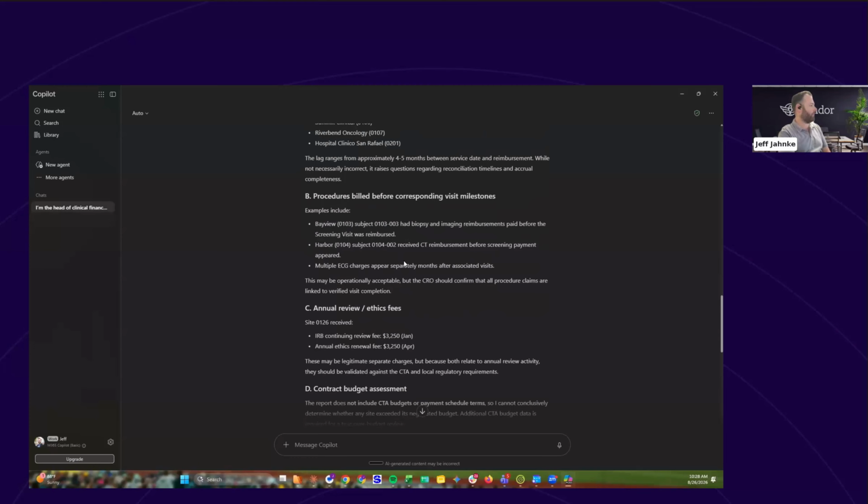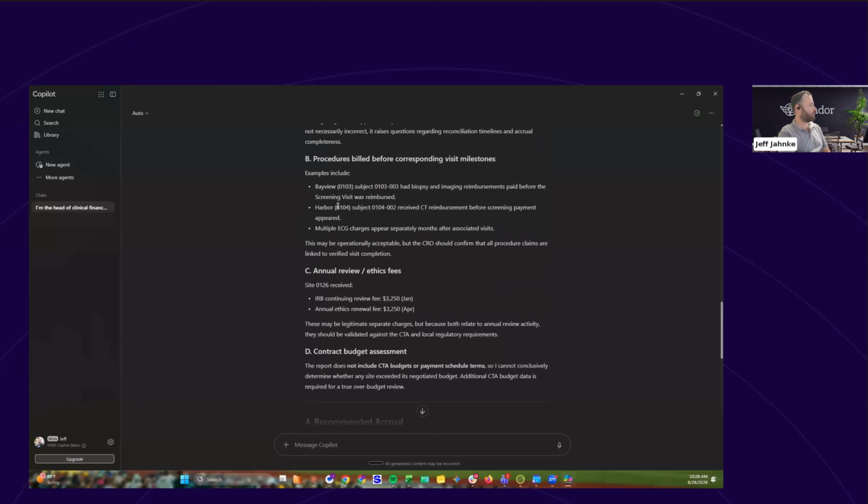It caught a couple things about where it thinks that payments were maybe incorrect, but it's basing that all on just what it's inferring from the files instead of actually understanding the context. So in this case, it thinks that this biopsy and imaging reimbursement is incorrect because it was paid before the screening visit itself was reimbursed.